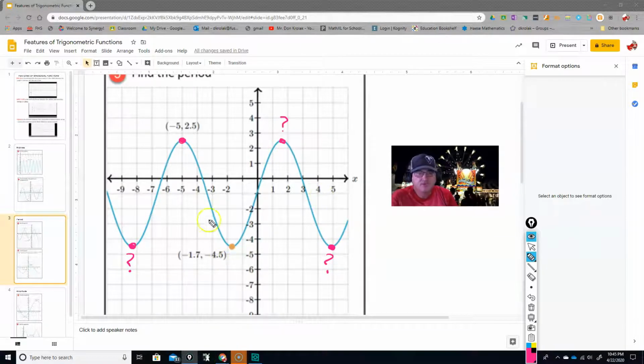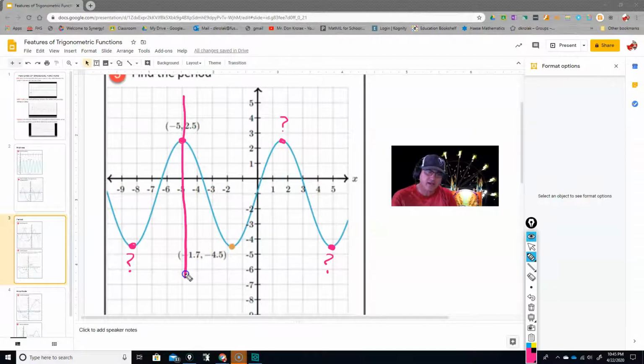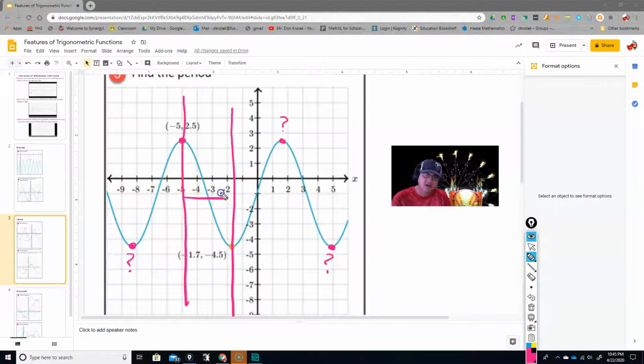But I do know a high and a low. So the distance between a high point and a low point, the x distance, this interval in here, that would be half of the period.